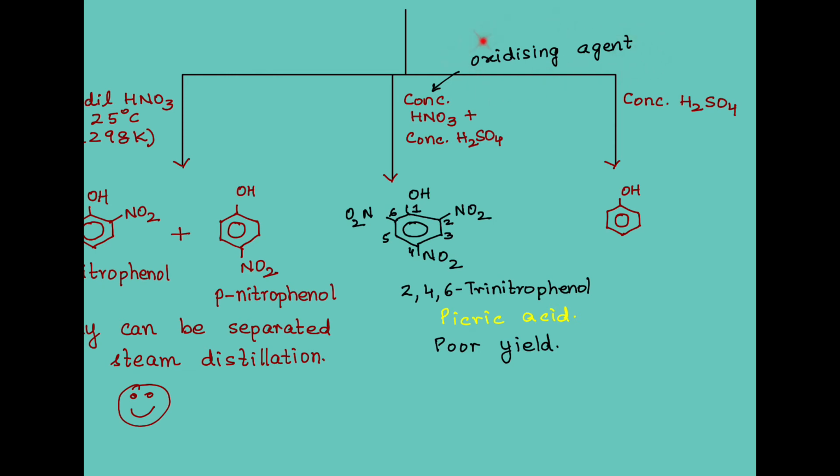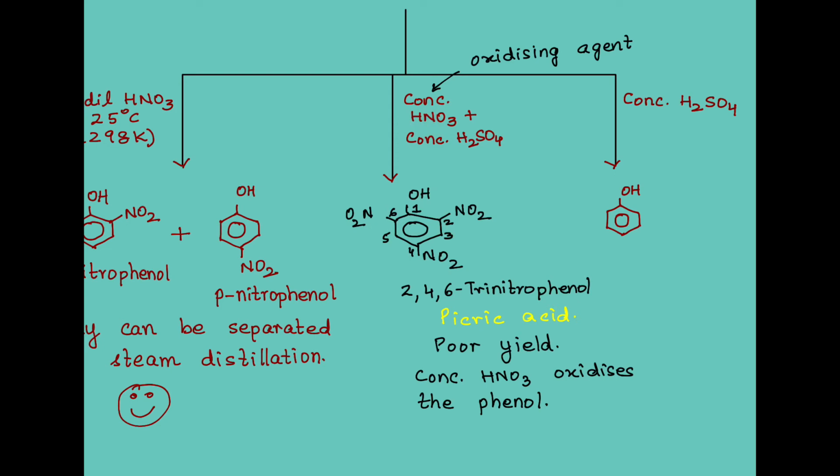Concentrated HNO3 is a very good oxidizing agent. So, concentrated HNO3 oxidizes the phenol. And because it oxidizes the phenol, not much is available to react with the NO2 positive ions which are there in the solution.